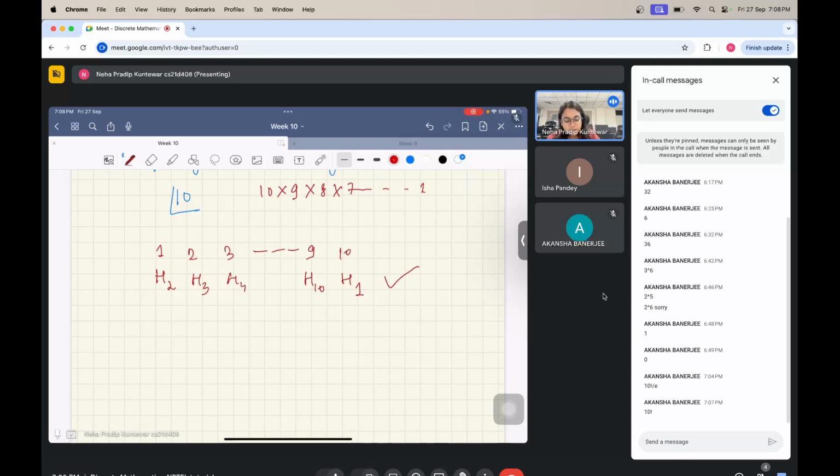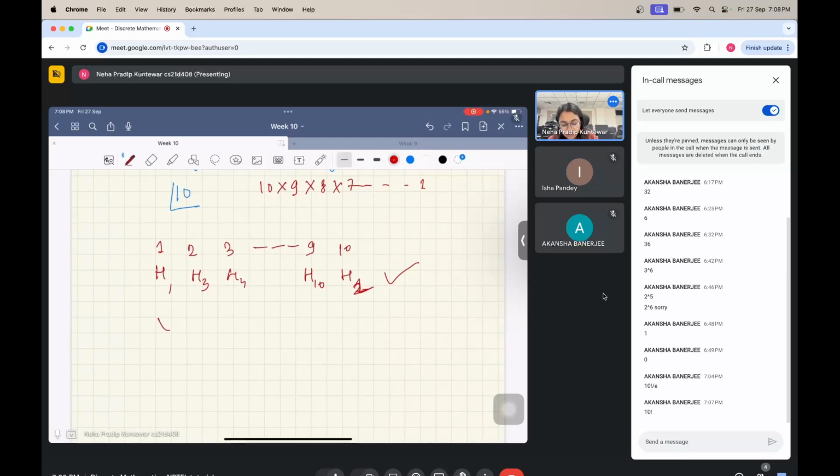But if instead maybe this guy gets h1 and this guy gets h2, then this is not a valid arrangement because person 1 gets their own hat. So essentially we want to remove all those arrangements where there is some person who gets back their own hat.